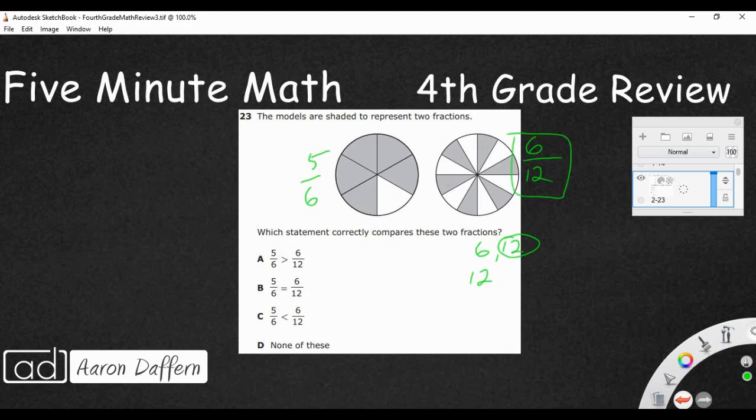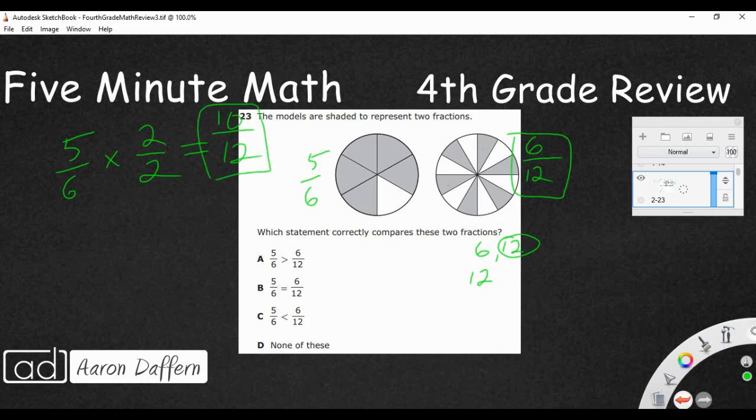All I need to do is find an equivalent fraction for 5/6 that equals 12. So 6 times 2 makes 12, so that's going to be 2 over 2, so my 5/6 is going to be 10/12ths.